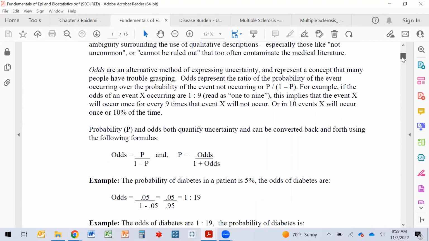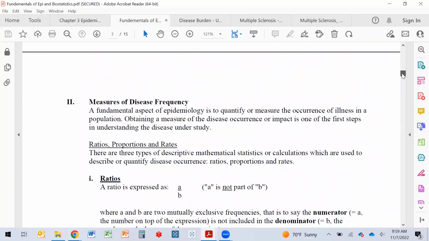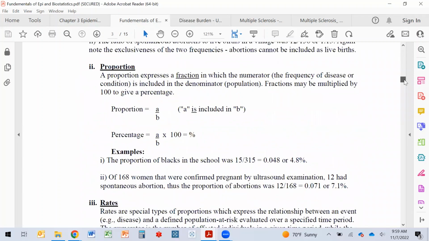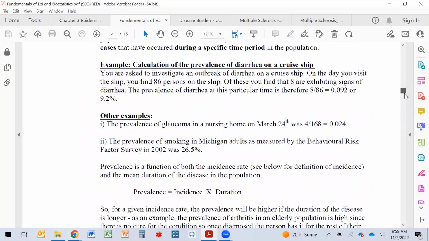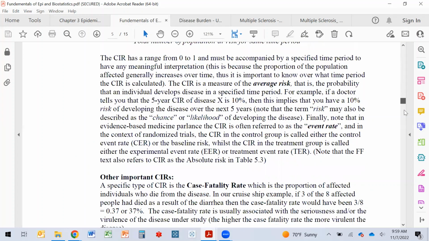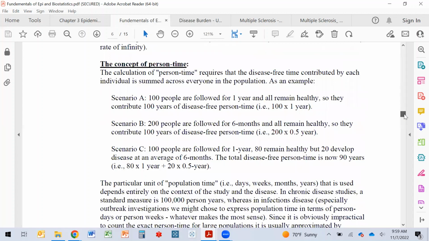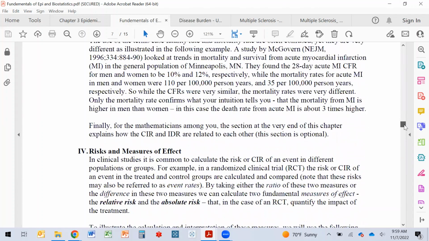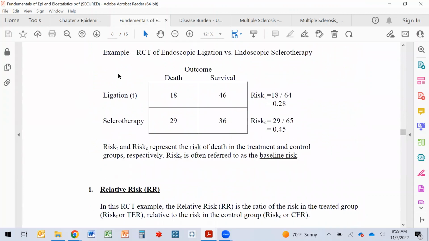If you go down this document, you will get very descriptive, detailed definitions of various epidemiological terms. This can serve as your resource to get these terms and then to understand them at a deeper level.